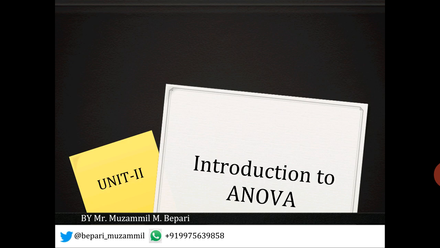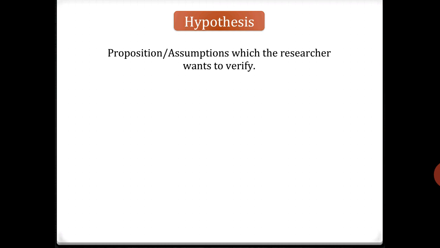So before starting this, I am going to revise some parts related to hypothesis selection and hypothesis testing. The hypothesis is nothing but the assumptions made by the researcher. These are classified into two different types of hypothesis: one is the null hypothesis and the other is the alternate hypothesis.